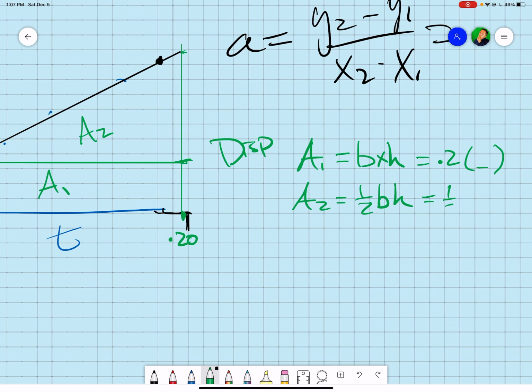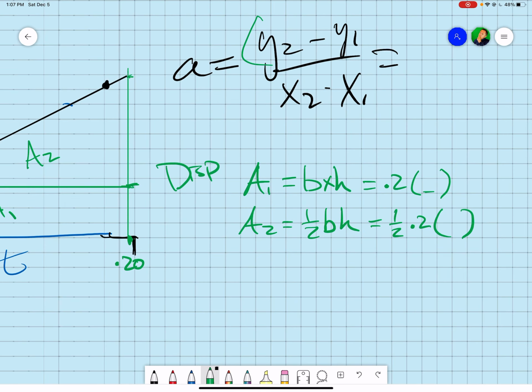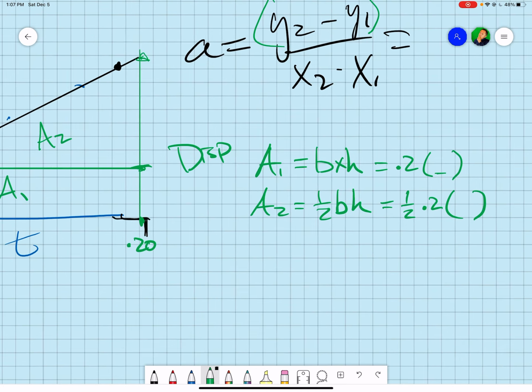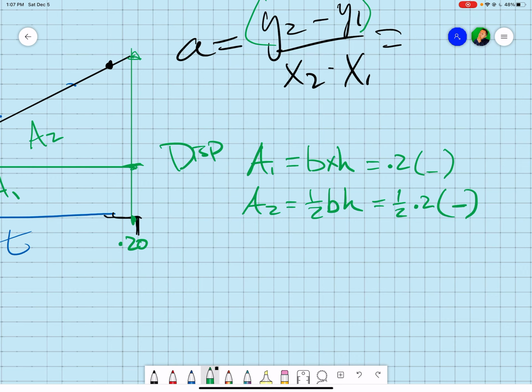And then the triangle: so we'd have 1/2. Your base again would be 0.2. And your height is really going to be the height you got from the slope up here. So you would just subtract these two values. Whatever you got the line to be, the change in y from here to there, that's what you would put in for the height of the triangle.